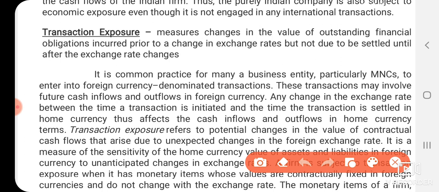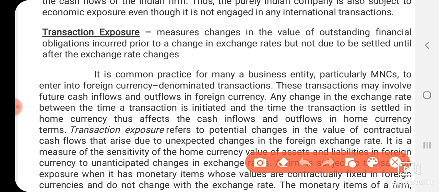But in the case of real operating exposure, it deals with non-monetary assets, which will not change into cash within a short period of time. That is what is meant by transaction exposure.